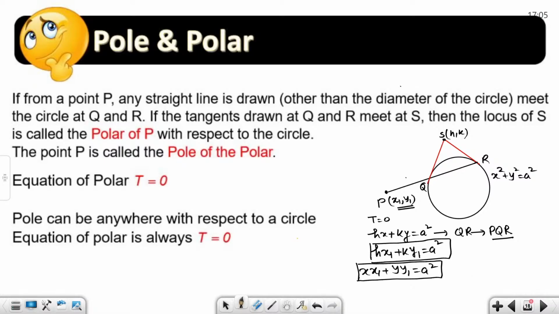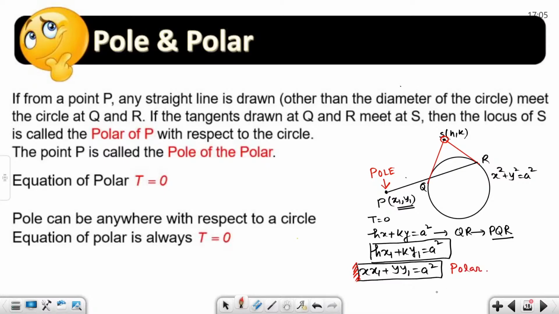Now let us try to understand. Let me give names to this given point P and the locus of point S. The point P is what is called your pole. And the locus of point S, that is, the equation of the locus, is what is called your polar.